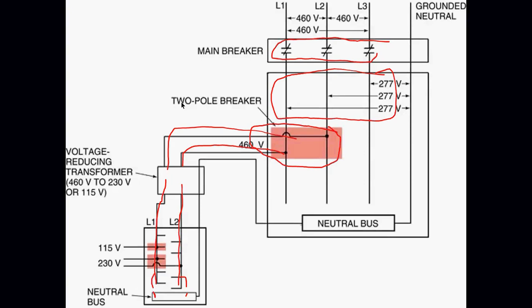I can't just use L1 to ground, or L2 to ground, or L3 to ground. I cannot use that directly to feed appliances and lights and circuits such as plugs and stuff like that. So when you have 480 volt or 460 volt power in a building, you are not directly going to feed an outlet. Any questions on this?